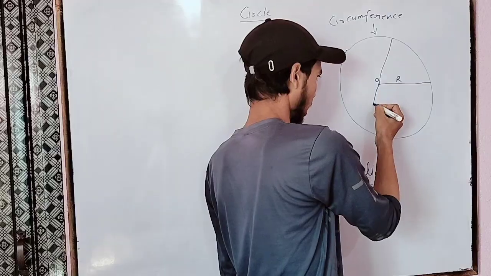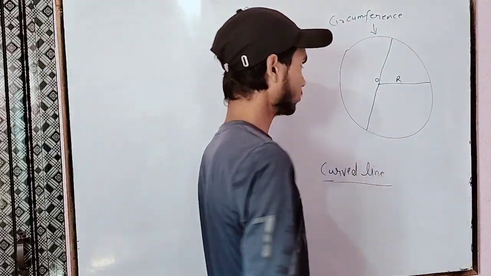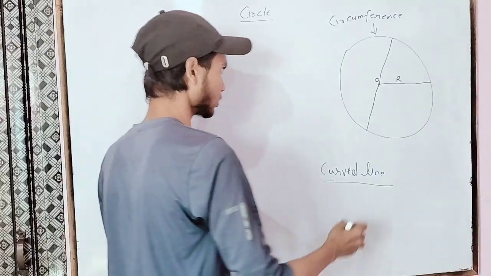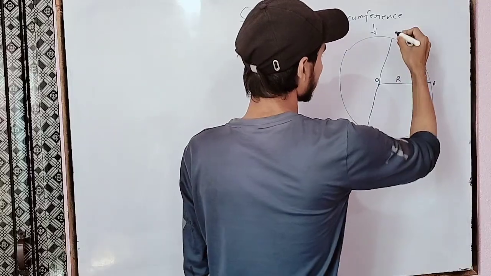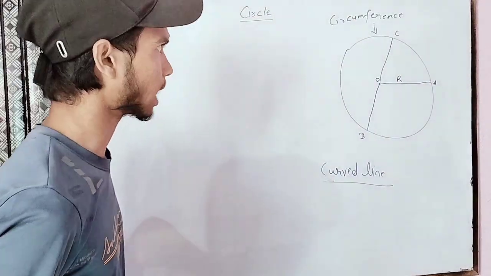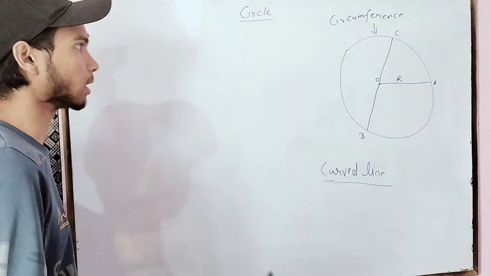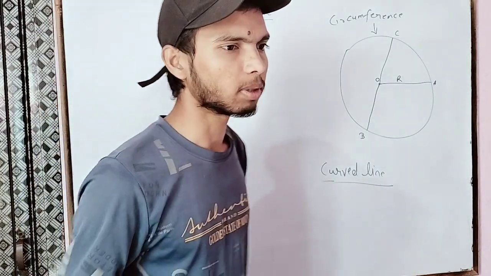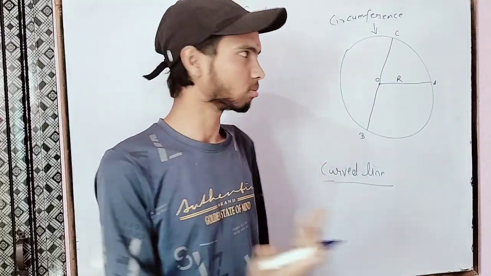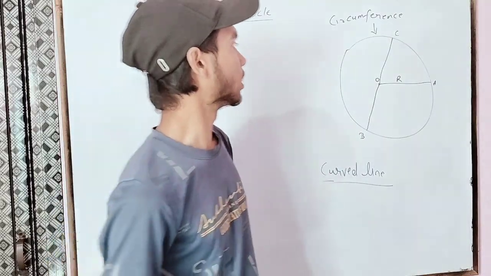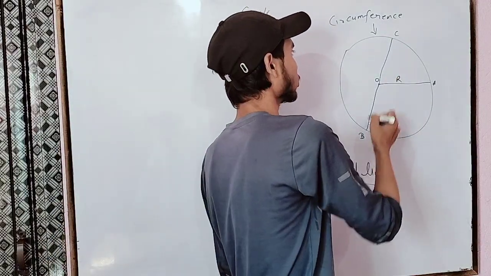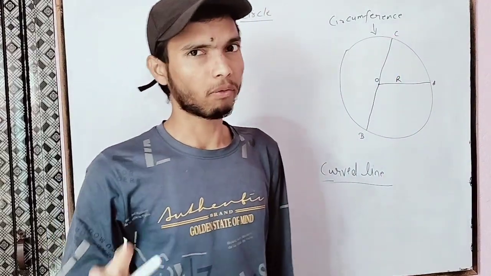Now I am making a line segment which is a diameter. I am naming each line segment so that we can identify which is which. Here, from B to C, is the definition of a diameter.